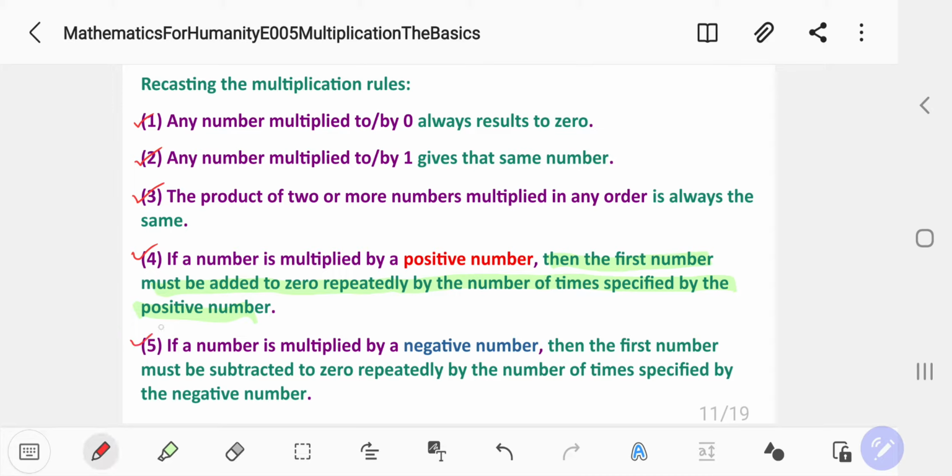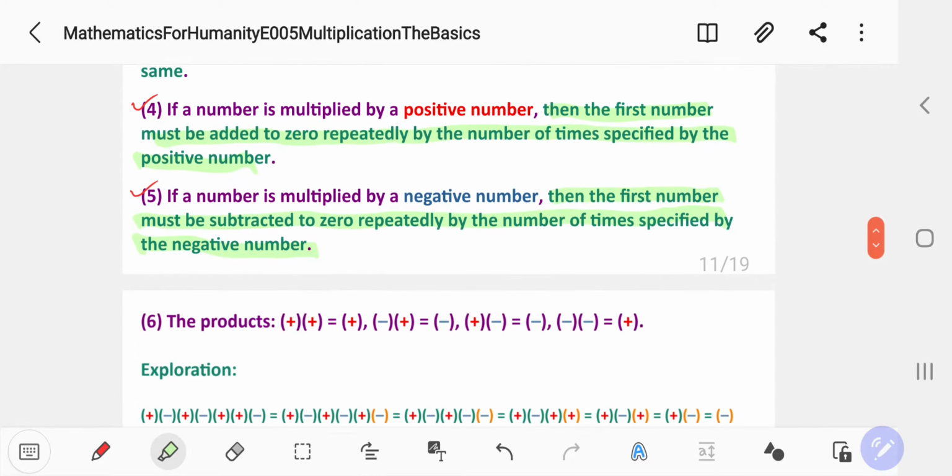And then the last rule is, if a number is multiplied by a negative number, then the first number must be subtracted from 0 repeatedly by the number of times specified by the negative number. So that's the rule now.